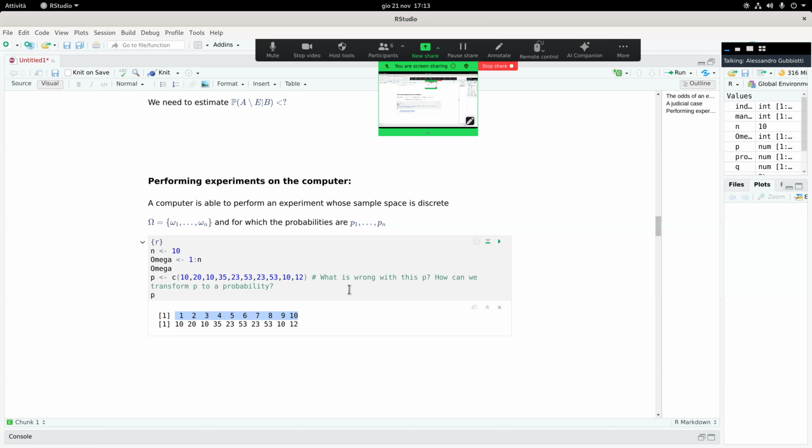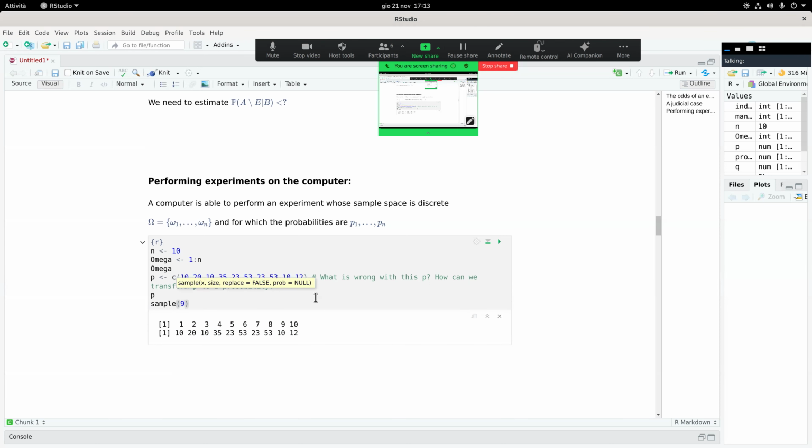It will select one of these numbers with the probability that I feed to it. But if I feed this probability to the computer, why won't it accept it? Let's try it.